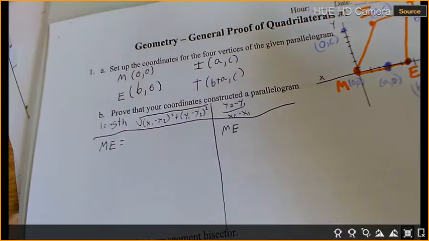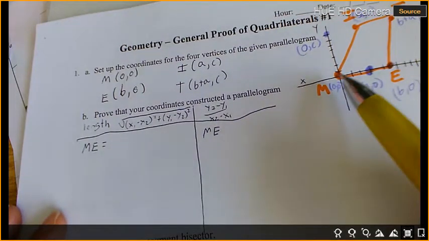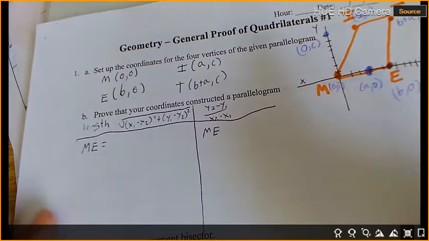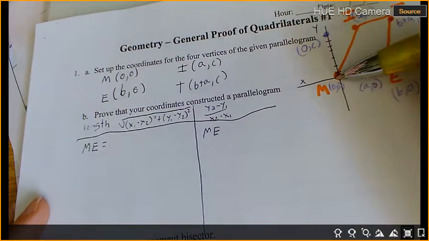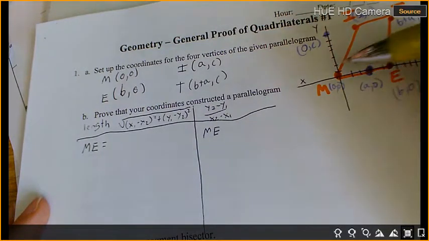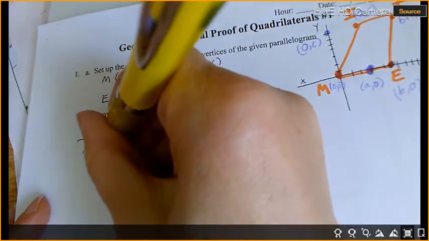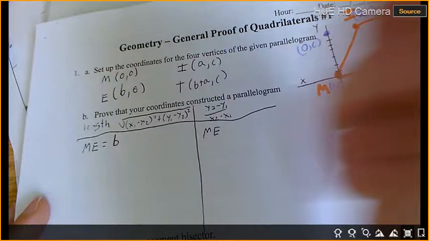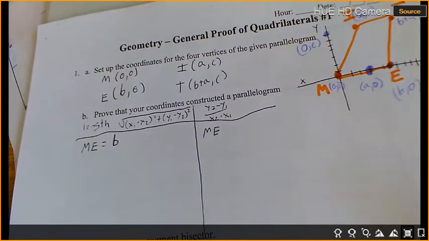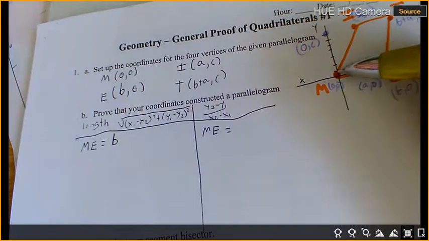All right. M to E. Now, I can put this in the distance formula, or this is a horizontal line, correct? So, did I go up at all from M to E? No, I just went over. How much did I go over? B. So that is the length of M to E. It's just B. And we'll do one where we have to do it with the distance formula. But let's talk about the slope. Did I go up at all?